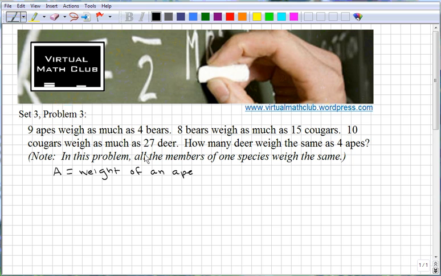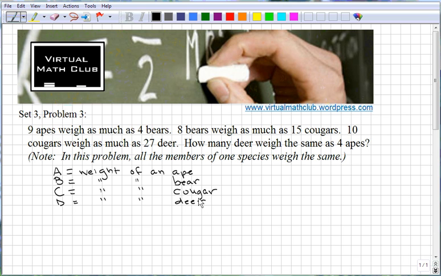Alright, and here's the solution. So let's continue defining these variables, just like I said. So let's say B is the weight of a bear, B-E-A-R. We'll say C is the weight of a cougar, and D is the weight of the deer.